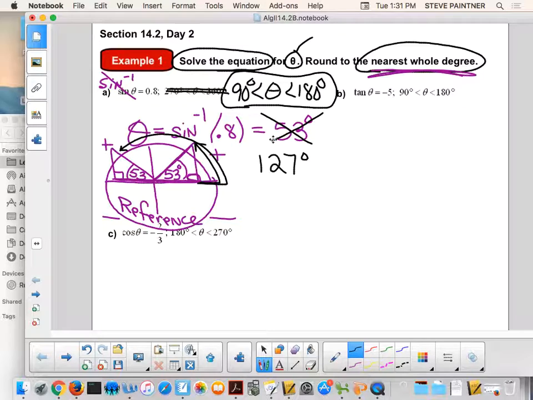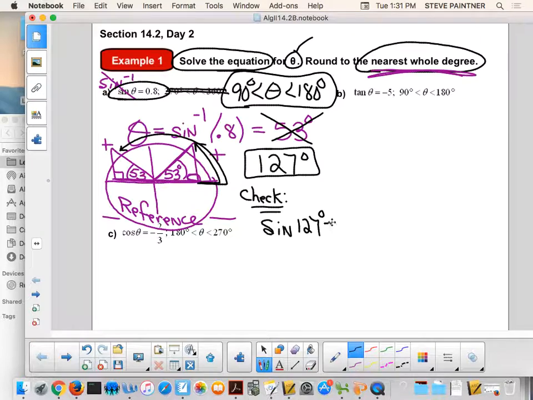Now, how do you know this is right on the test or the quiz? Check it. How do you check? Sine. It says right here, sine of theta equals 0.8. Why wouldn't you just go sine of 127? Does it equal 0.8? Well, I bet it's not going to equal 0.8 because we rounded to the nearest whole number. We didn't really put in the right answer.